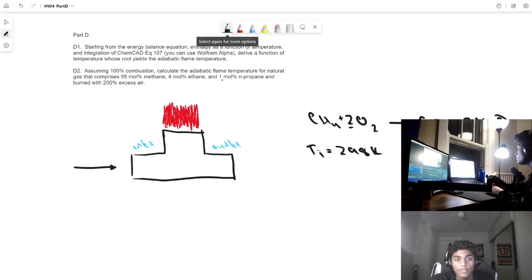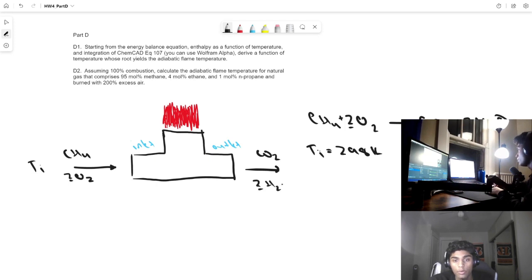And so at this inlet, we're going to be putting in CH4 and O2 at some initial temperature. And we will be putting out CO2 and H2O at some final temperature. So we can go ahead and use energy balances to try and create this function for this adiabatic flame temperature.